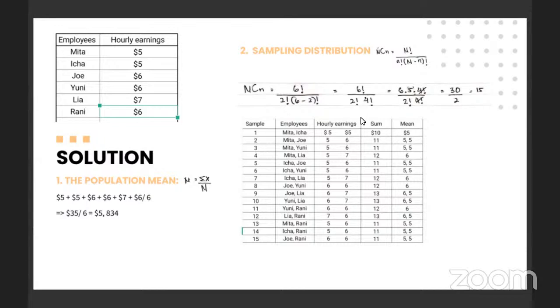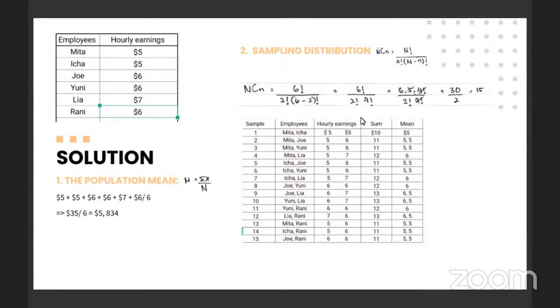So 6 factorial divided by 2 factorial times (6 minus 2) factorial is 6 factorial divided by 2 factorial times 4 factorial, equals 6 times 5 times 4 factorial divided by 2 factorial times 4 factorial, equals 30 divided by 2, which is 15.